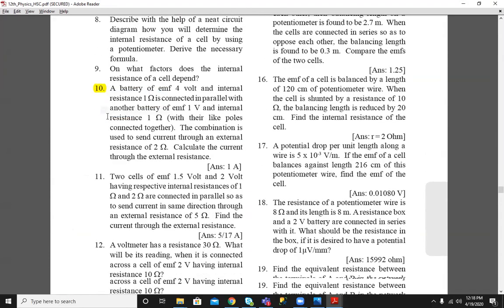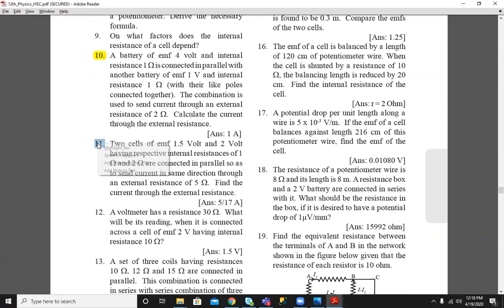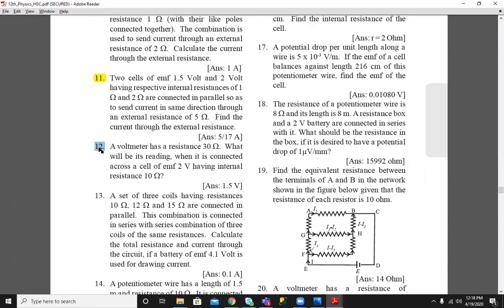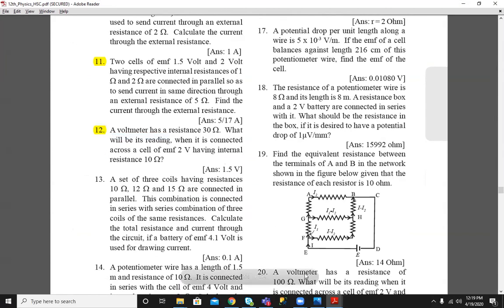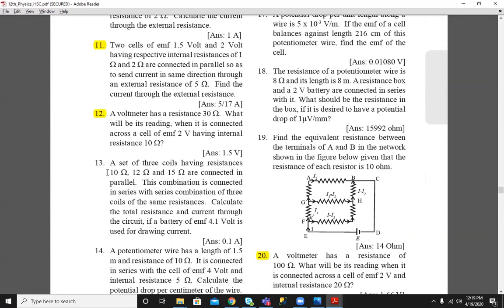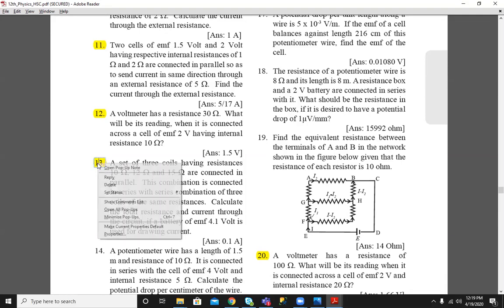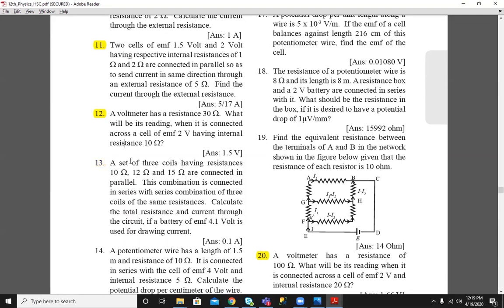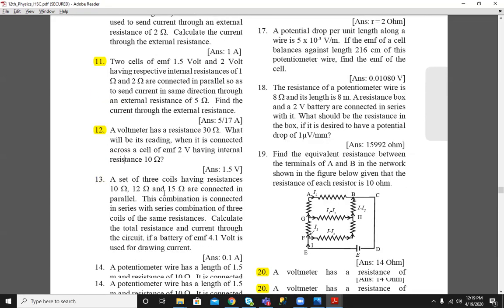We have solved problem 10, and 11 is the same, and 12 is the same as 20. Question 13 is based on the Wheatstone bridge. I think it is not, we have not solved it. We will solve it in our coming lectures.